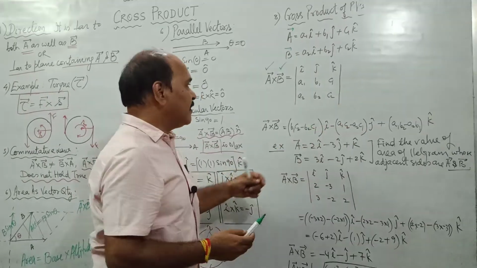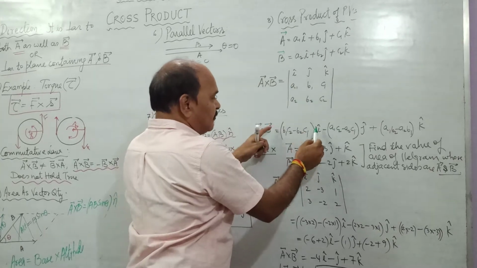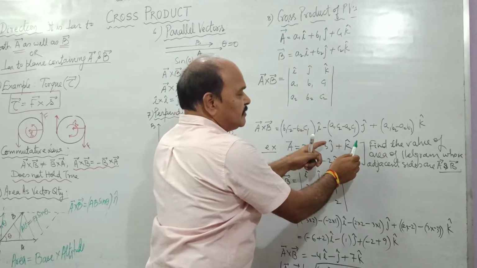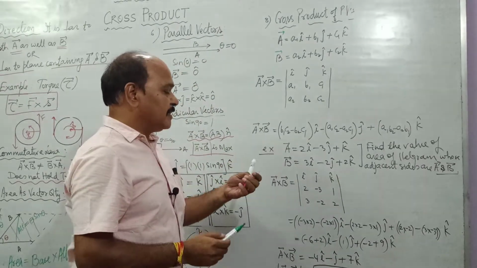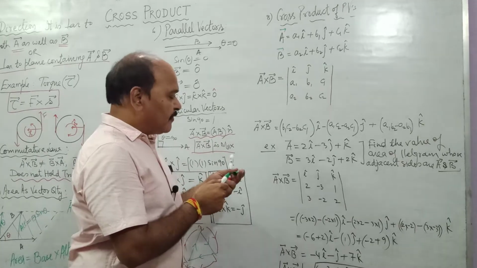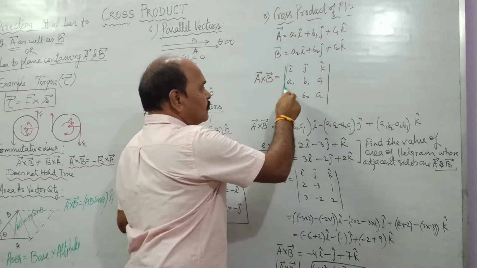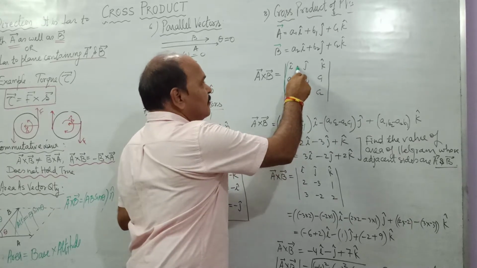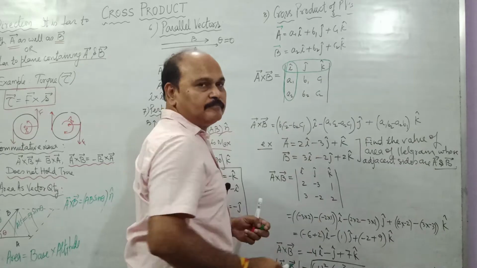And how do we find out this answer? See, this answer consists of coefficient of I, coefficient of J and coefficient of K. So what is the coefficient of I and how do we find out? Children, to be able to find out the coefficient of I, we just ignore the elements of the row and column this I belongs to.